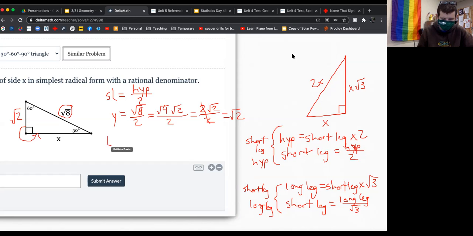I'm solving for the long leg, and that's going to be the short leg times the square root of 3. So my unknown value x is going to be square root of 2 times square root of 3. This is a pretty straightforward calculation. That's going to be square root of 6.